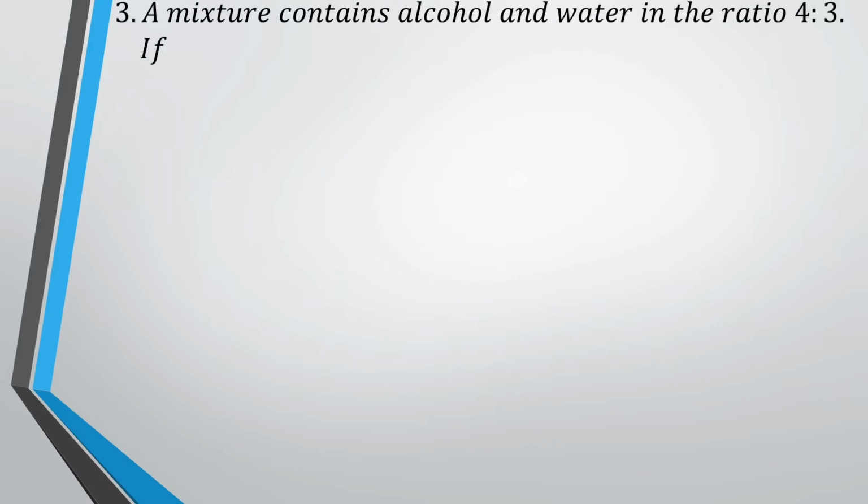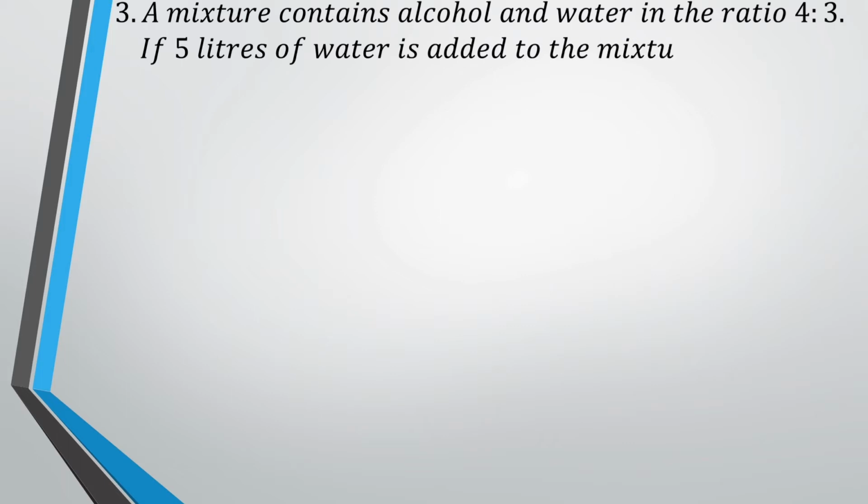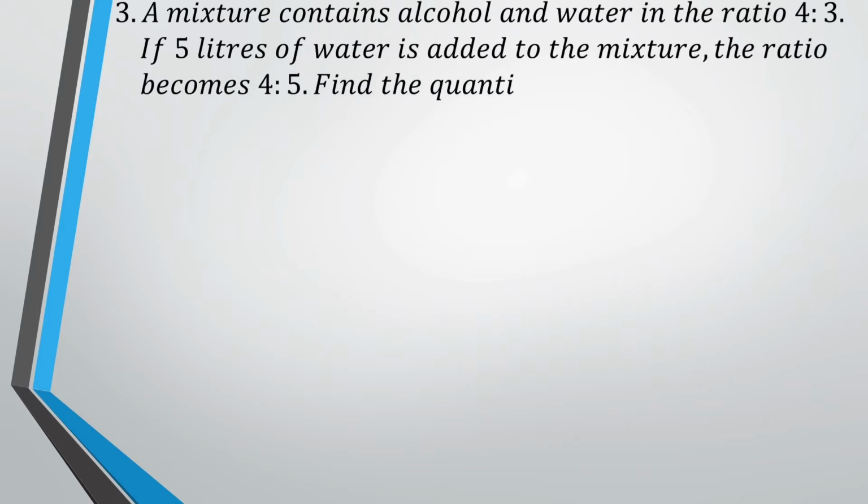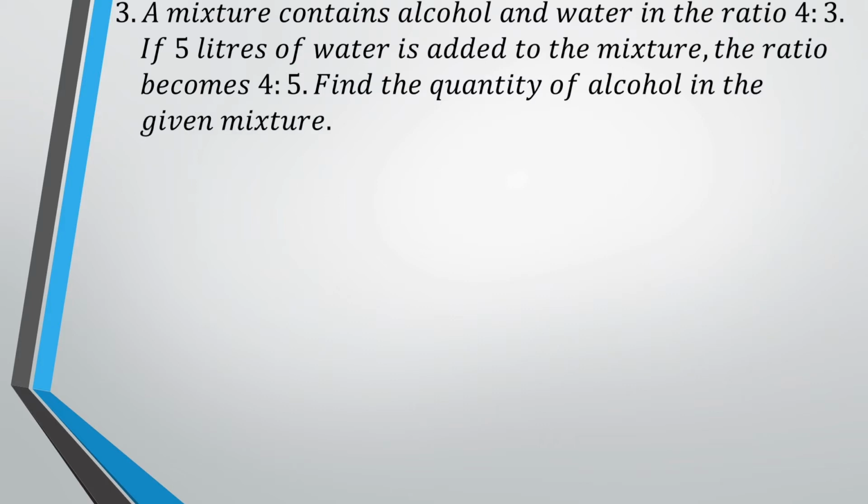Third problem. A mixture contains alcohol and water in the ratio 4 is to 3. If 5 liters of water is added to the mixture, then the ratio becomes 4 is to 5. Find the quantity of alcohol in the given mixture. So the question is very clear.